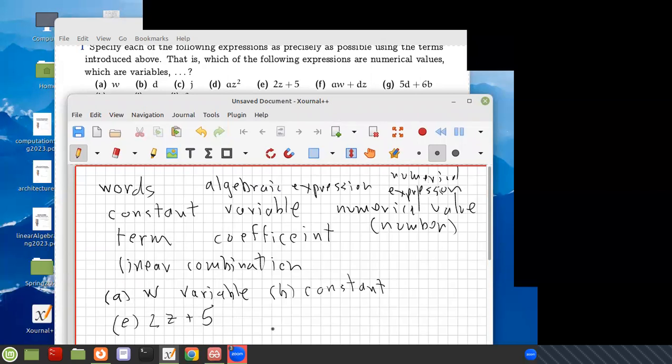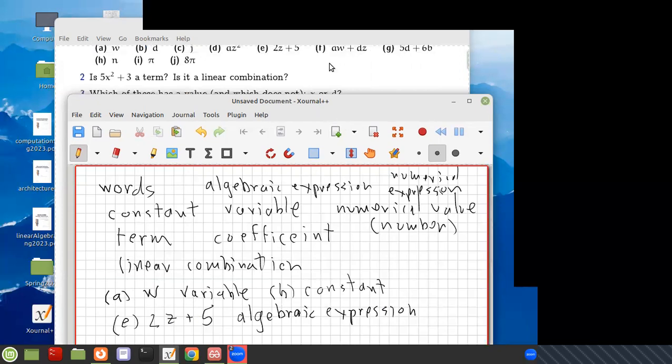Two. Okay, so this is an algebraic expression, right? It's not a numerical expression because it doesn't have a numerical value. A numerical expression has numerical value, but Z doesn't have a numerical value yet. We haven't chosen it yet. It doesn't have a numerical value, so it's an algebraic expression.